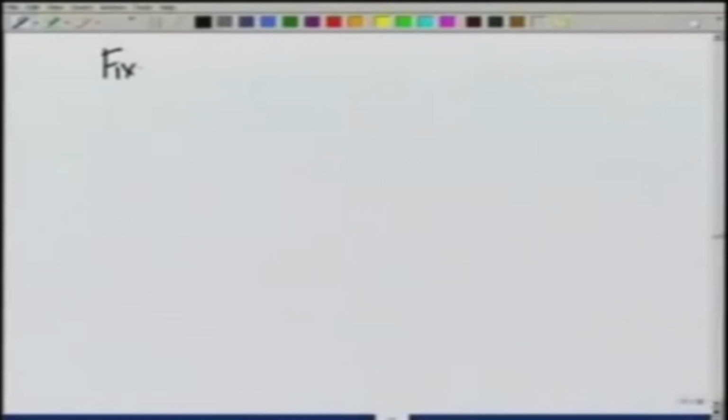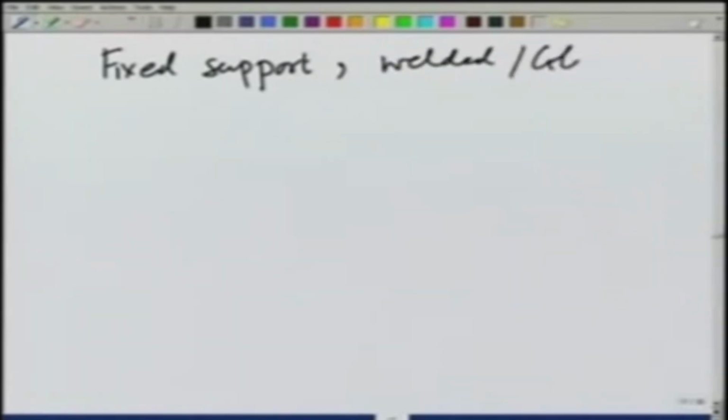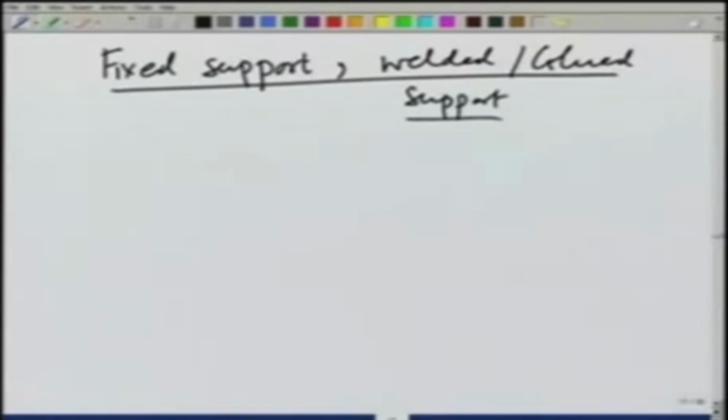We considered a ball and socket joint. Recall now that in 2 dimensions there was also a fixed support, or a welded or glued support. Let me just remind you what it was.